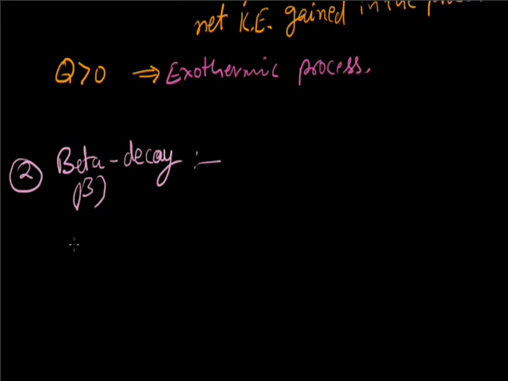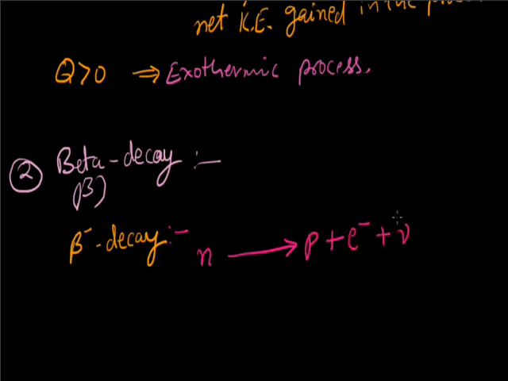In beta minus decay, there is a conversion of neutron into proton. We are getting an electron plus an antineutrino. The example of beta decay would be phosphorus 32 that will be converted into sulfur, plus we are getting an electron and antineutrino.